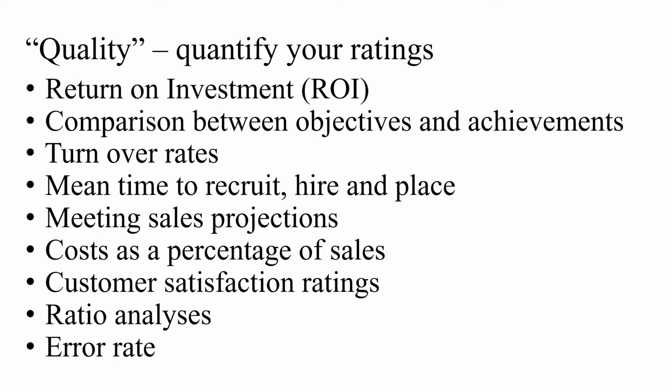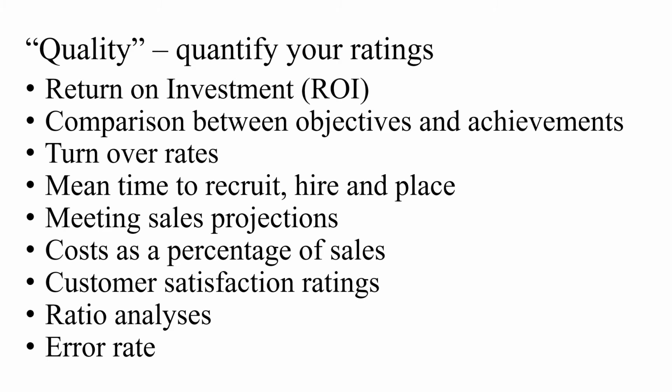These are just a few examples, but you would be looking at your outcomes and would be asking the quantifying of your ratings, such as return on investment, comparison between objective and achievements, turnover rates, mean time to recruit, average time to hire and place, meeting sales projection, cost as a percentage of sales, customer satisfaction ratings, ratio analyses, error rates.